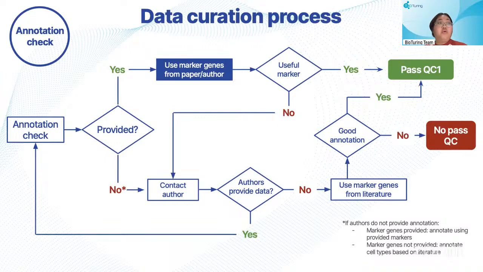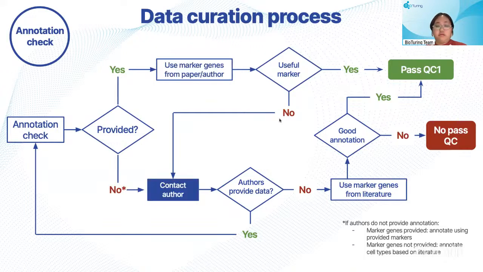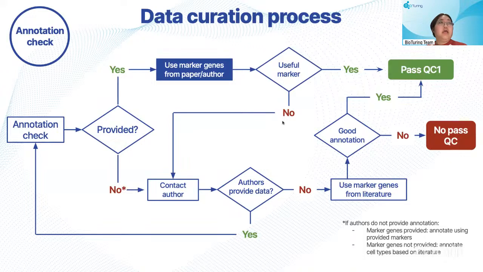Besides that, we will also double check the annotation using the marker genes that the authors provide within the paper, as you can see here, for the useful markers, right? Okay, and if the process goes well, the annotations are there and after we double check with the markers that the authors provide, everything matches, then the paper will pass QC1, okay?